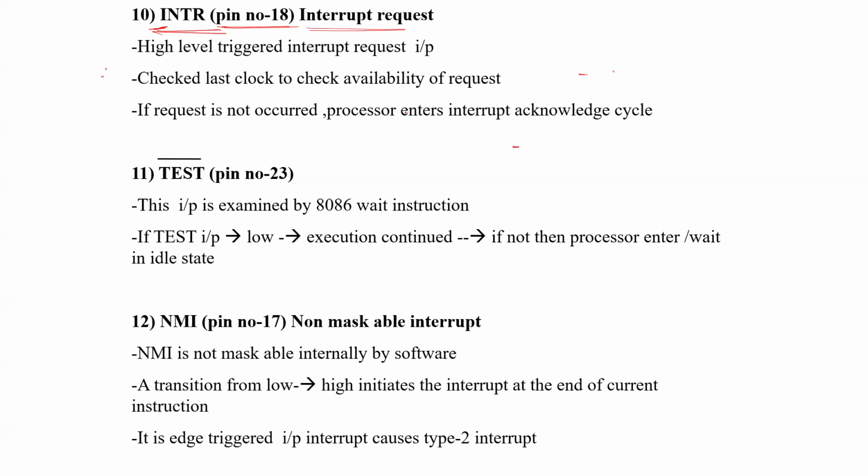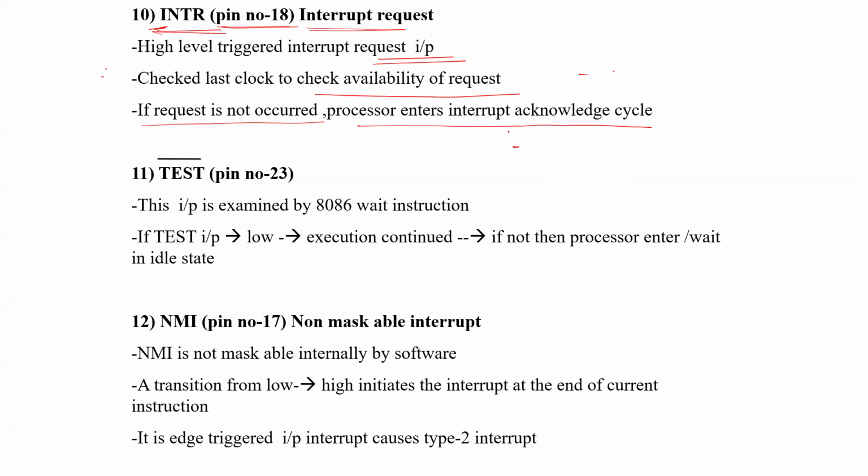Okay. So high level triggered interrupt request is an input; I have to give it through the input pin. Check the last clock to check availability of request. If the request has occurred, the processor enters the interrupt acknowledgement cycle. At that time, the microprocessor stops its current work and acknowledges the user that okay, I have already stopped my current work, now you can give me your work.